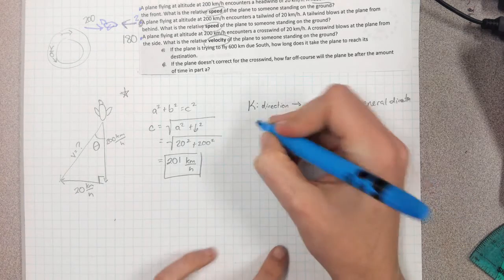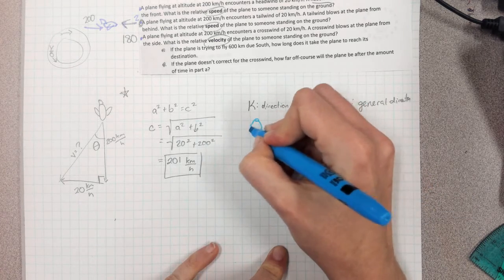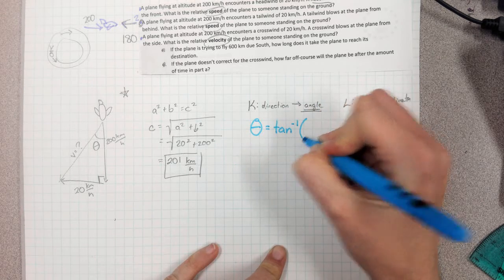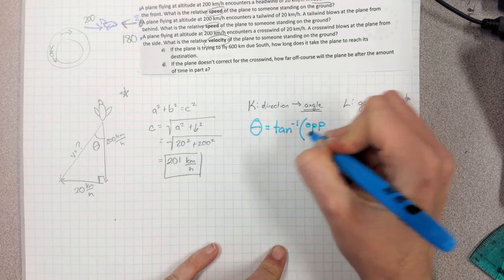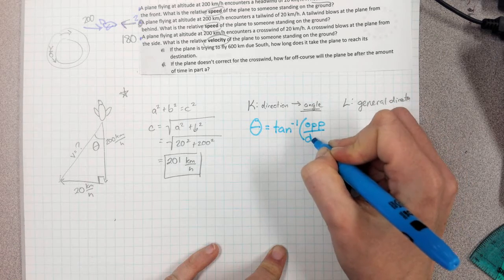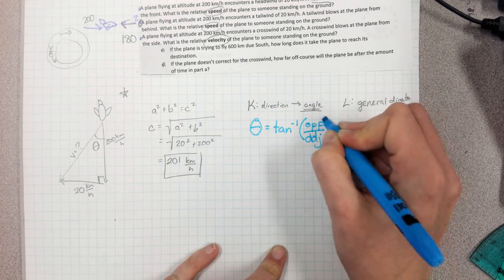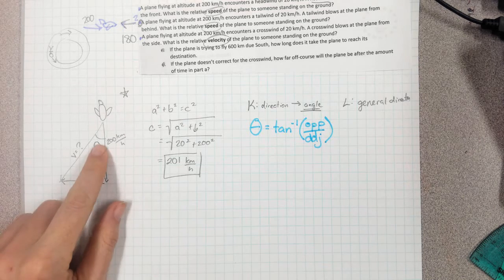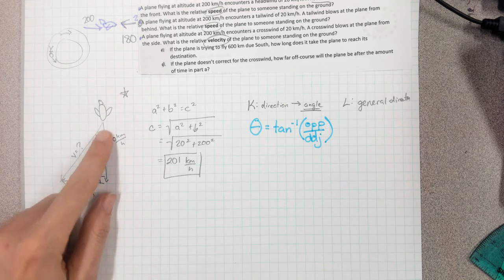And like I did with the first problem, anytime we find an angle, I like to use inverse tangent of the opposite side divided by the adjacent side. Now, I already marked out the angle that I want to use.